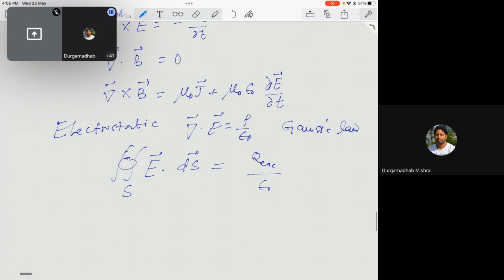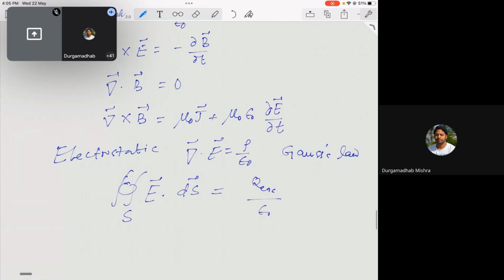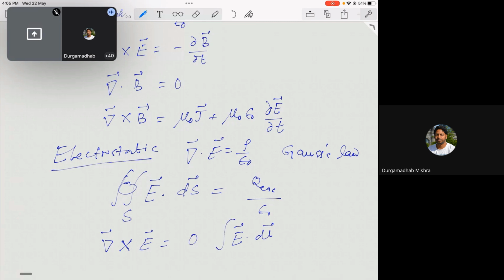Another aspect when we think of electrostatics is that curl of E is equal to 0. This is only true for electrostatics. This also indicates that it is a conservative field, which you can also write in an integral form as a line integral that is equal to 0.